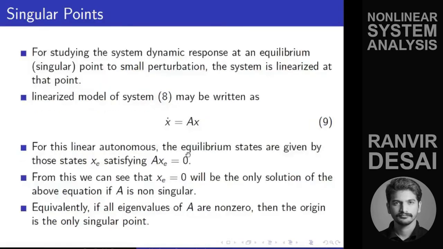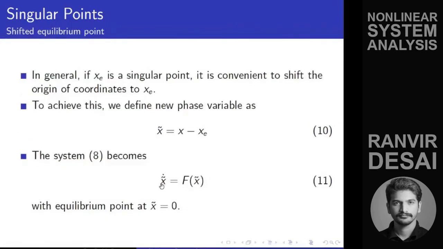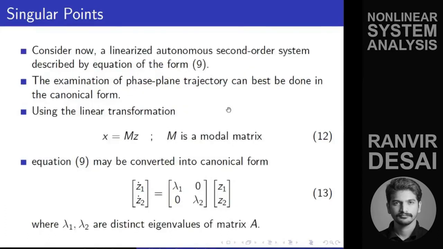The system x dot equal to f(x) becomes x tilde dot equal to f(x tilde). Now this will have an equilibrium at x tilde equal to 0, that means x equal to xe. This is generally the treatment we do, manipulations in the coordinate system, so that it is easier for us to understand.